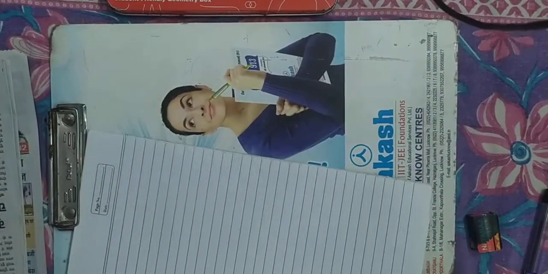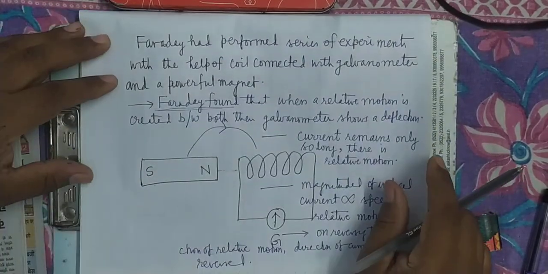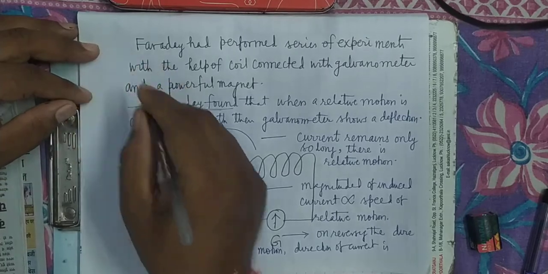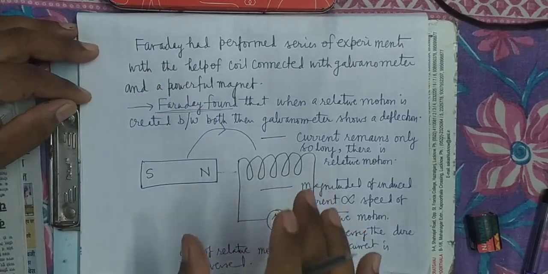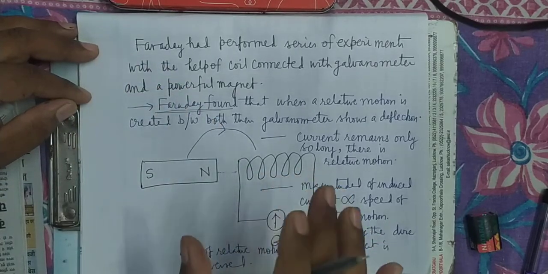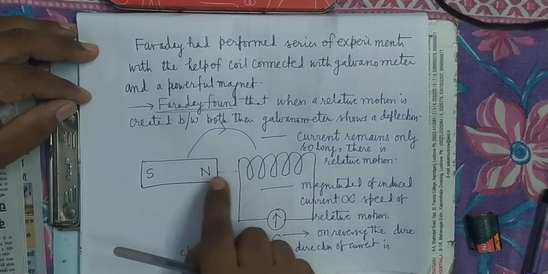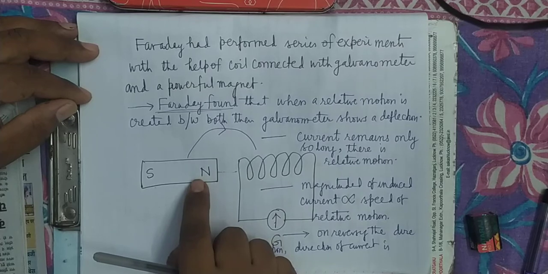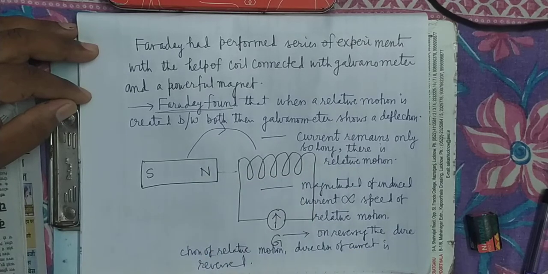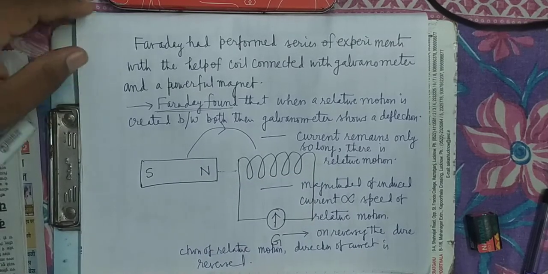And what was the cause of the electromagnetic induction? Faraday named this phenomenon of induction of current in the coil when a relative motion is created between the coil and magnet as electromagnetic induction.